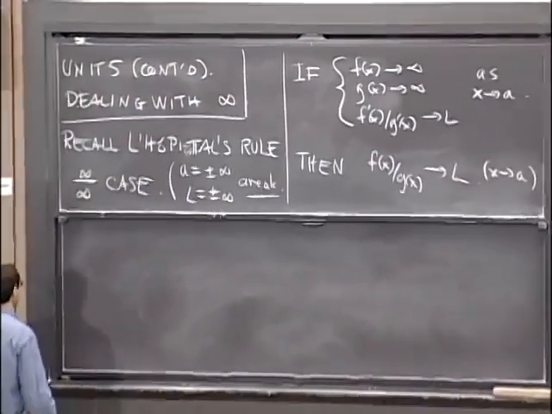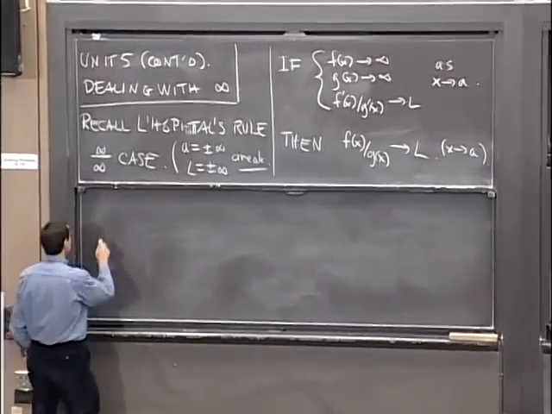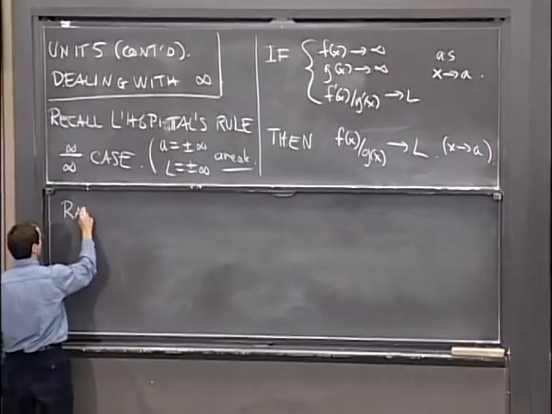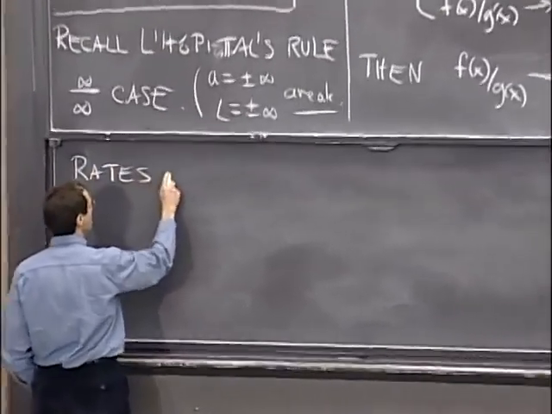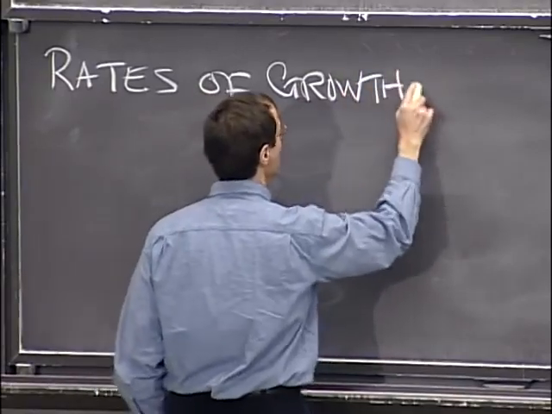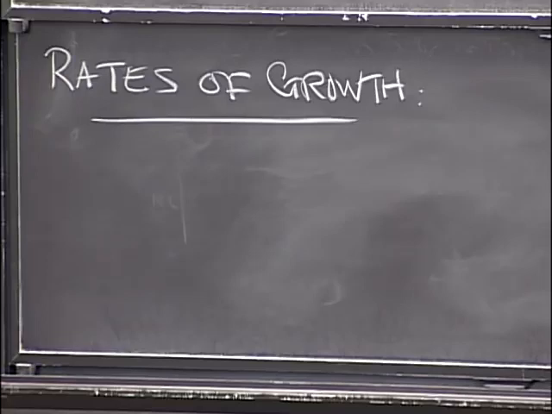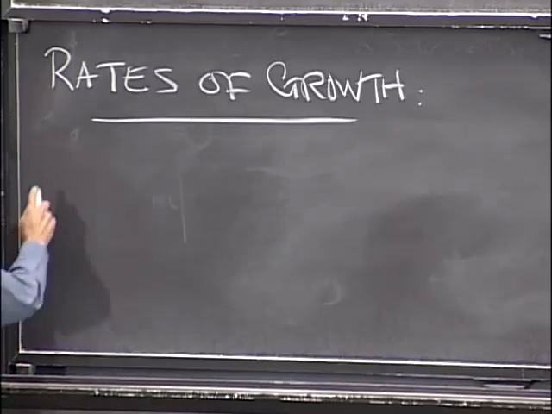Now, in recitation yesterday, you should have discussed something about rates of growth, which follow from what I said in lecture last time, and also maybe from some more detailed discussions that you had in recitation. And I'm going to introduce a notation to compare functions.